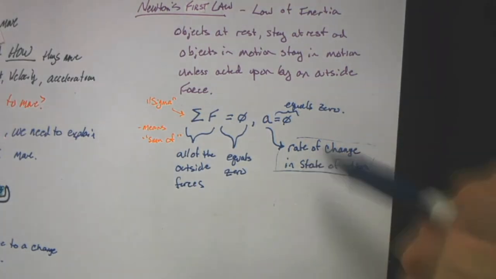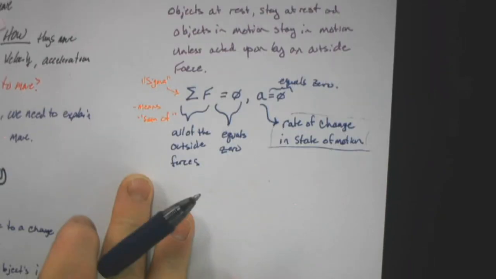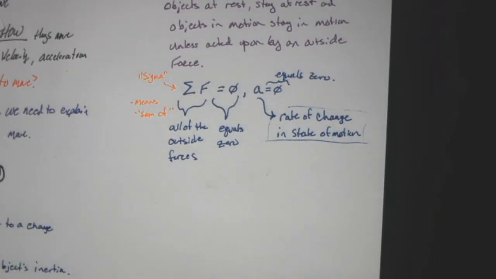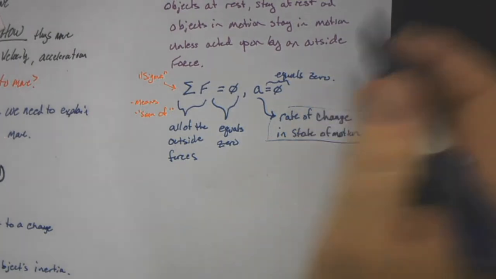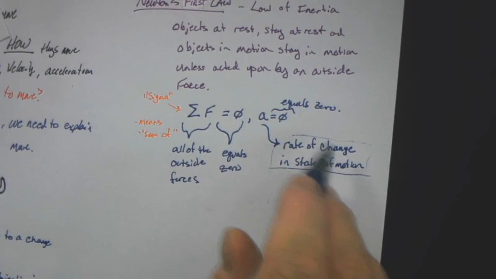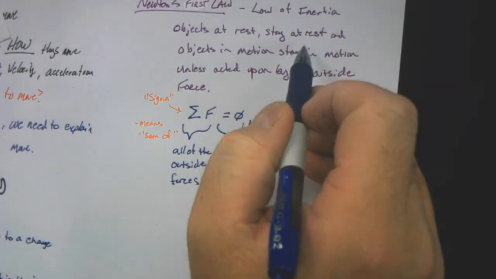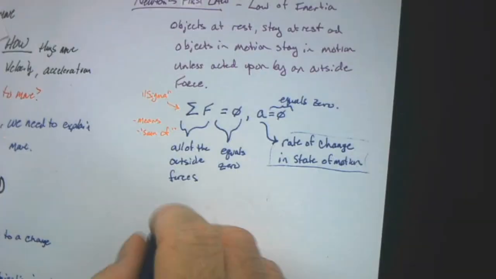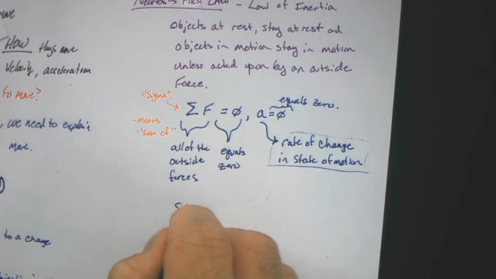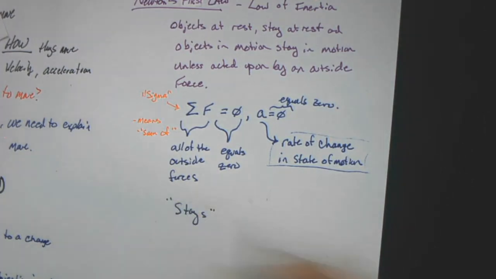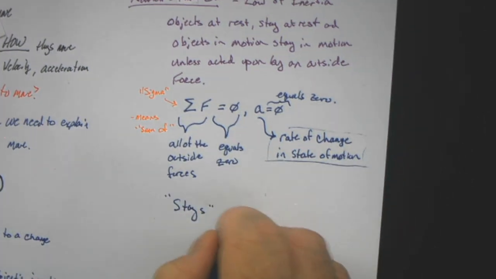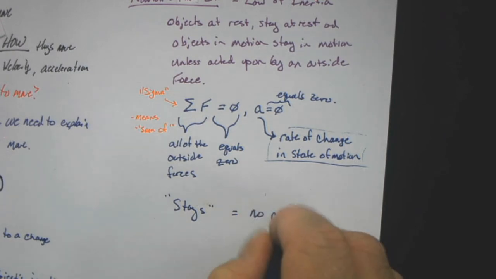So the big takeaway from this is that we have this concept that we're going to need to carry with us throughout the whole course. Whenever we have something where things stay the same, it means no change, right?